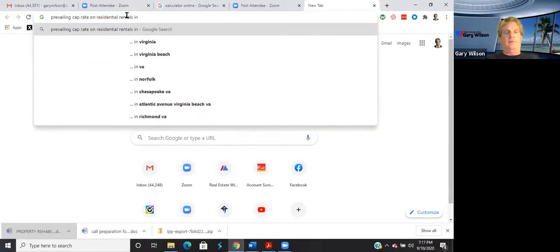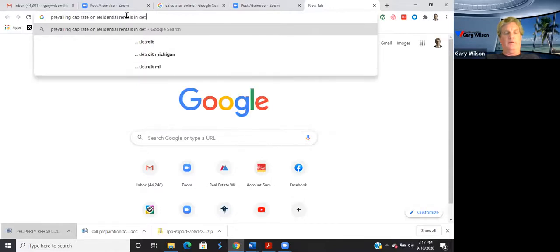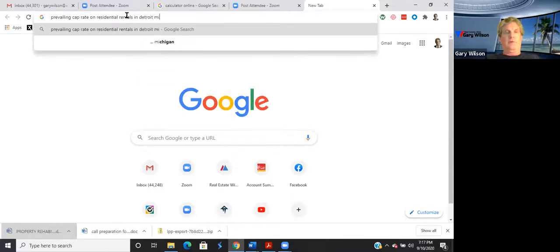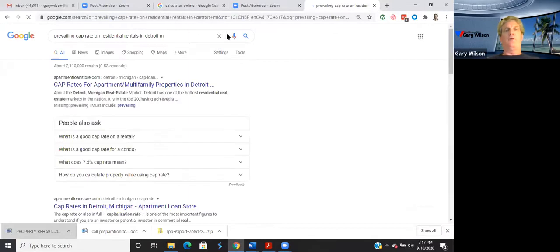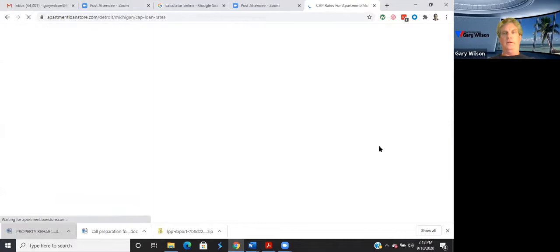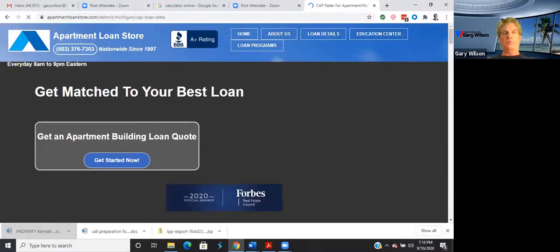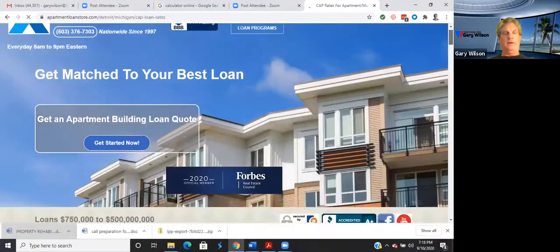Rentals in, let's say, Detroit, Michigan, okay? Now, most commercial outfits haven't published the prevailing cap rates, okay? So cap rates for apartment multifamily properties in Detroit. Let's just see what it says. And it might make us jump through some hoops to get this, so we'll have to see.